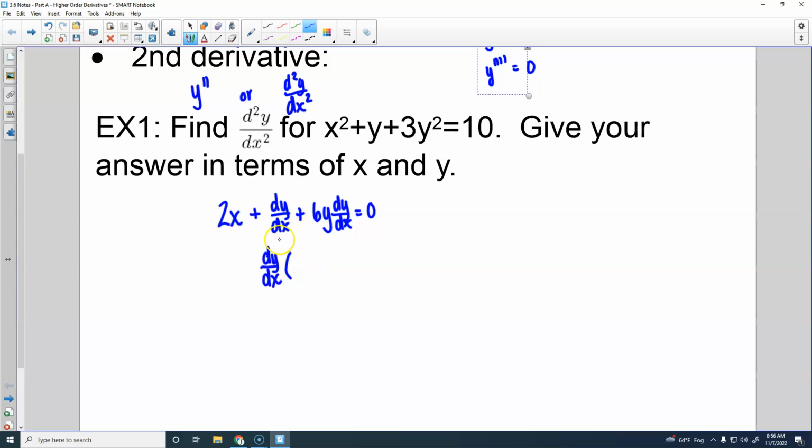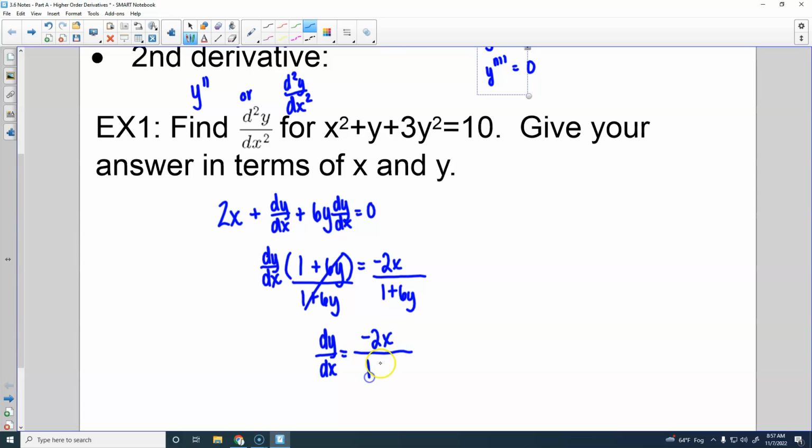So what would I get when I factor out the dy dx? 1 plus 6y, and then that'll equal negative 2x, and I will divide by 1 plus 6y. So my first derivative is negative 2x over 1 plus 6y.